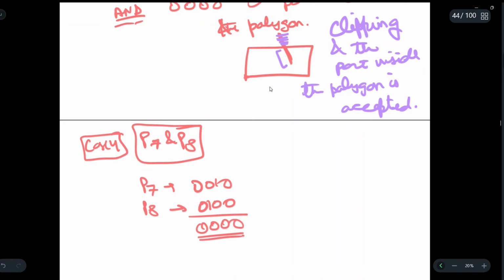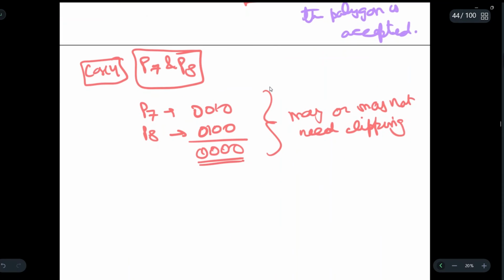So now the line segment formed by these 2 points may or may not need clipping. But in this case, we can see that our point P8 lies over here and P7 lies over here.